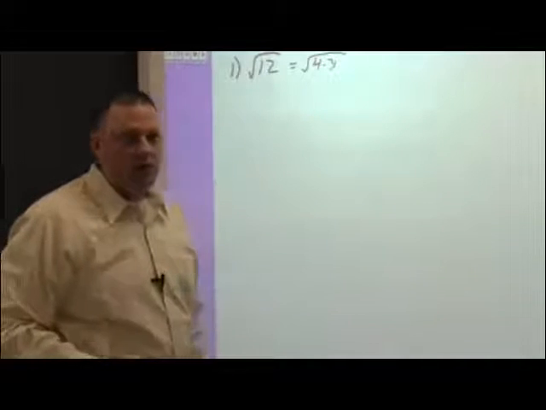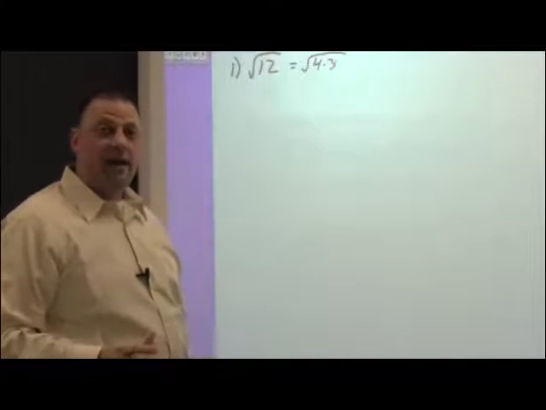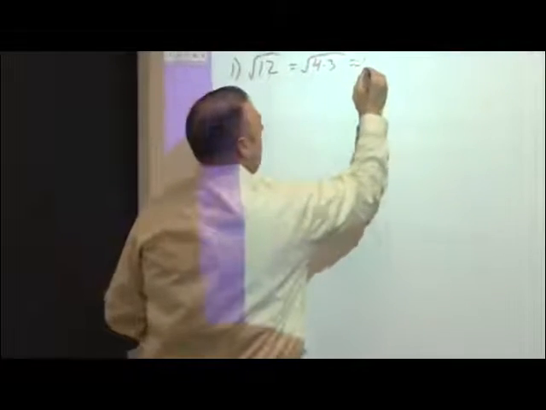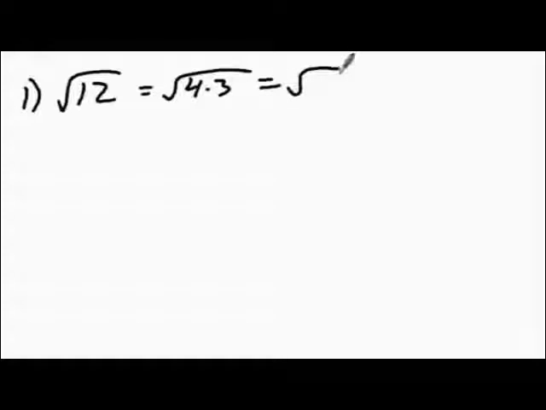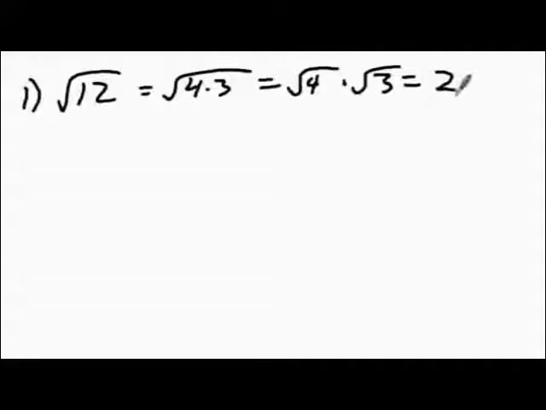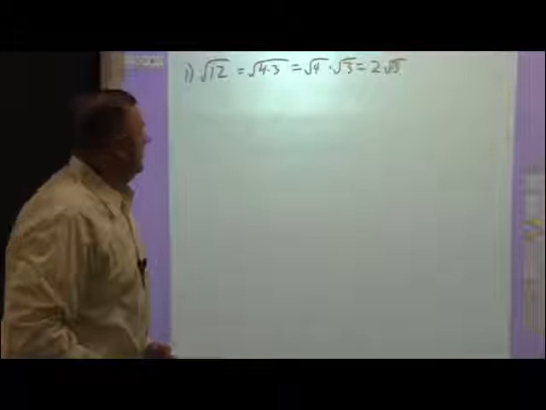Now, one of the rules of radicals is when you're multiplying or dividing, you can break it into two separate radicals, so it looks like this. Square root of 4 times square root of 3. Square root of 4 is 2, so we'll write it as 2 radical 3. Or 2 times the square root of 3.